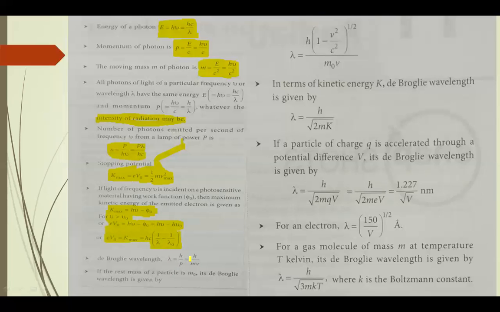Next, the de Broglie wavelength is given as lambda is equal to h divided by p, or h by mv.